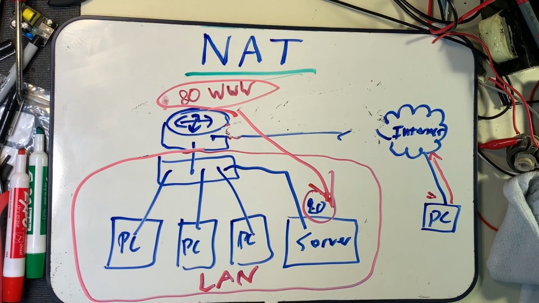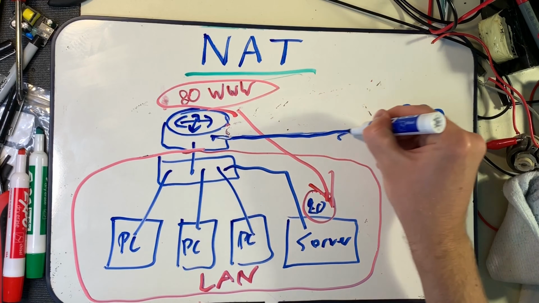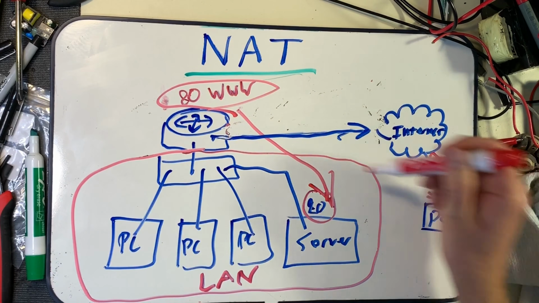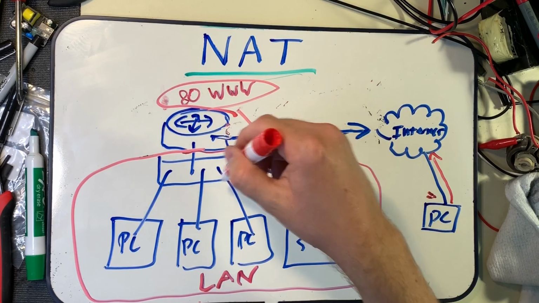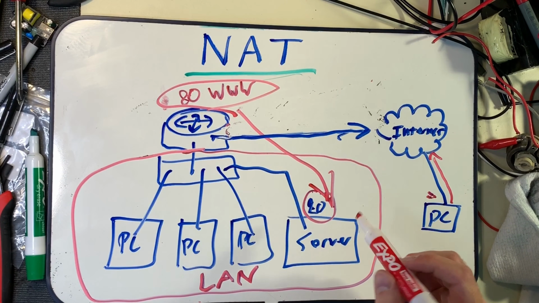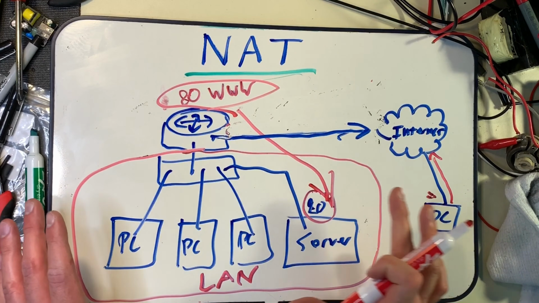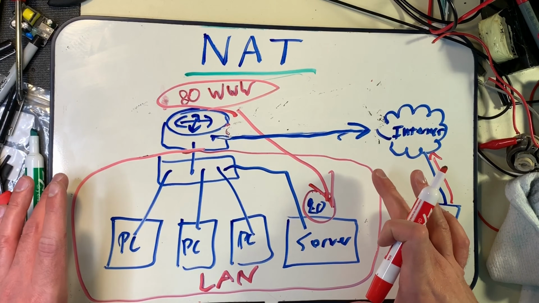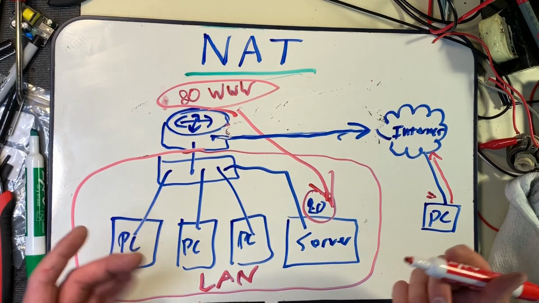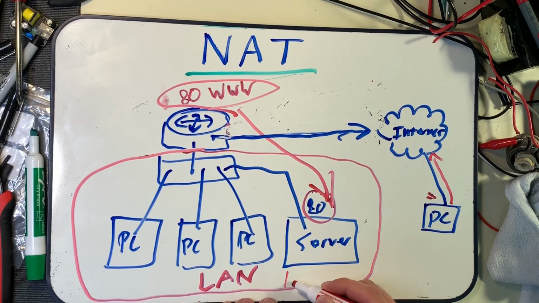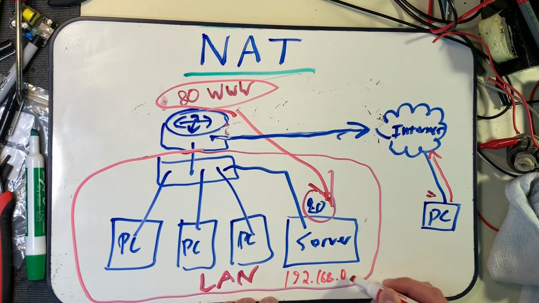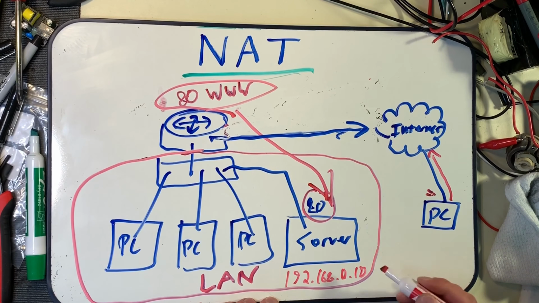So what happens in this case is the same as before. Our person over here wants to try and access this server down here. And because this is behind a NAT, this is a non-routable private internet address space. So the server's IP address may be something like 192.168.0.10, something like that.